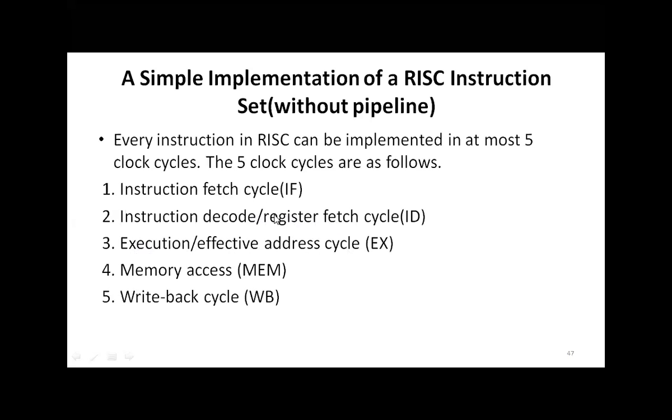If the data needs to be read from the memory, I mean you require data from the memory, then what to do? You require the address of the particular memory location where you need to read that data. So that address is found here in this stage, effective address cycle. So if the data is present in the memory, then the address of that memory is calculated in this stage. So here in the third stage, two things are done.